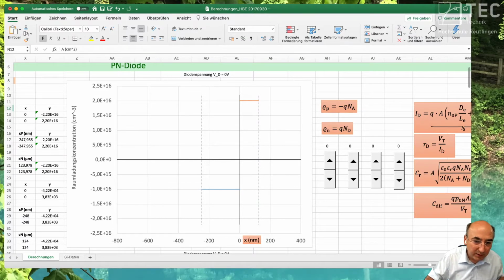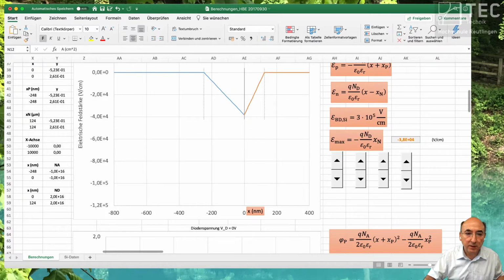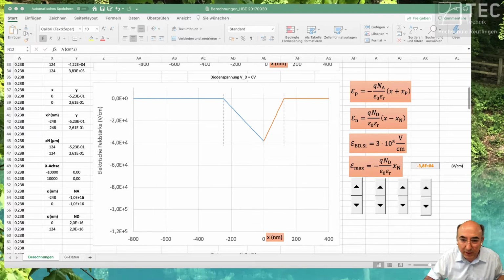Okay, now let's see this first equation we have gained by the integration. You see that here we have the negative slope, the positive slope, we have this maximum electric field level, and here it is calculated immediately. And it has a value of 3.8 times 10 to the power of 4 volts per centimeter, just as a value.